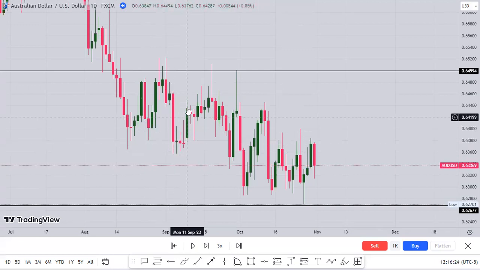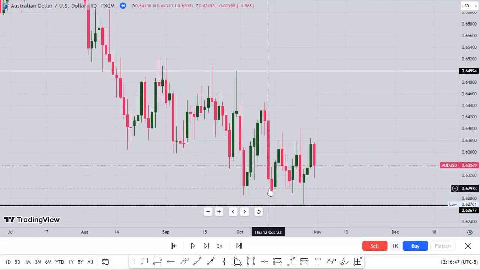Then it went up, retraced, went up, another trend, but failed to break above this high. Then the market broke below; the break happened here. Then from there, the market retraced and broke below this low. Then the market returned, failed to break above the high, then broke below the low.